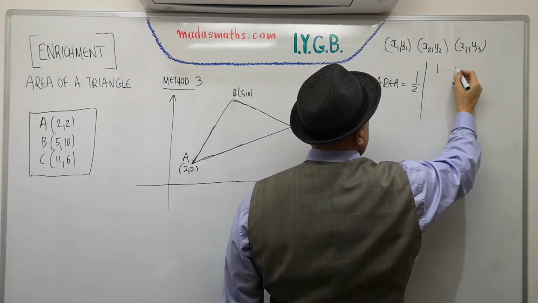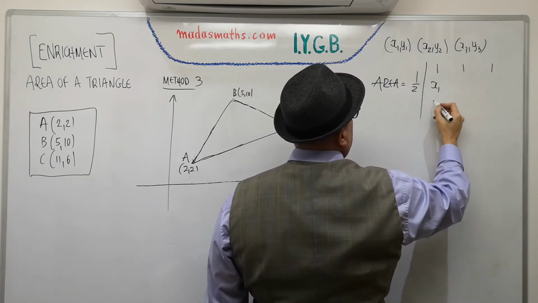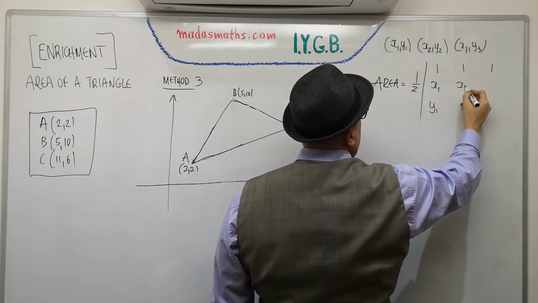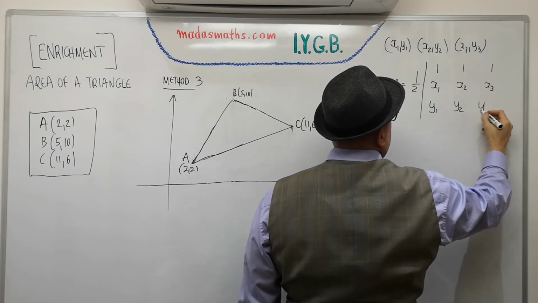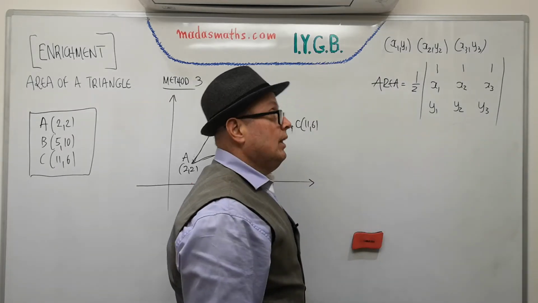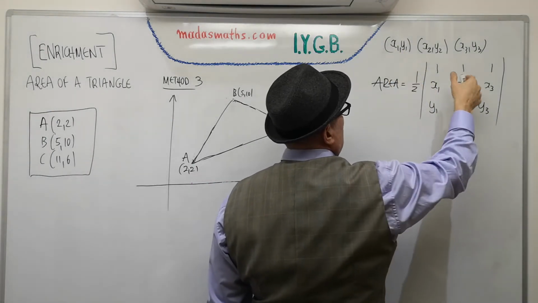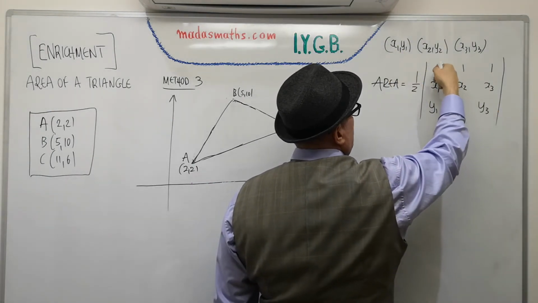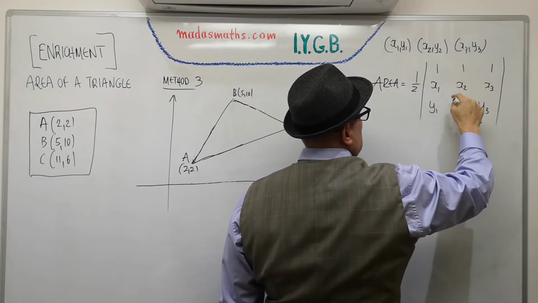This determinant will have 1, 1, 1, and we're going to have x1, y1, x2, y2, x3, y3, and two things to mention there. Sometimes people, because they want the coordinates to be written x1, y1, do write the 1, 1, 1 on this side, and then the coordinates x1, y1, x2, y2, x3, y3.